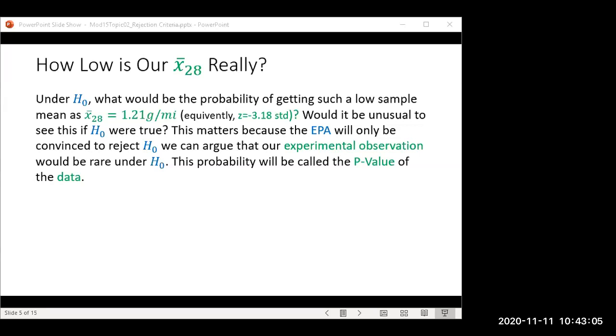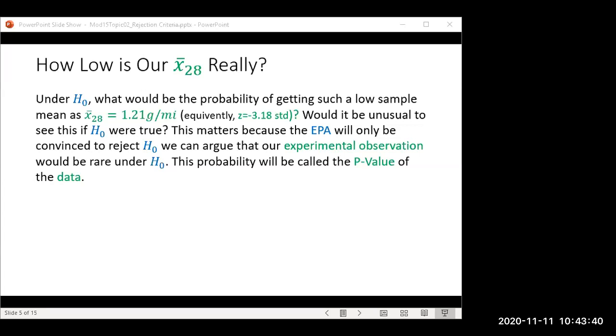And it matters because the EPA will only be convinced to reject the null hypothesis, to reject that 1.45, if we can argue that our observation is really unexpected, would be rare if the null hypothesis was right. So we need to argue that we have seen something that would come up very rarely under the null hypothesis. And that might make us doubt the null hypothesis.